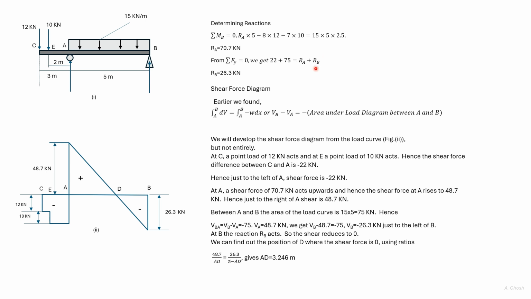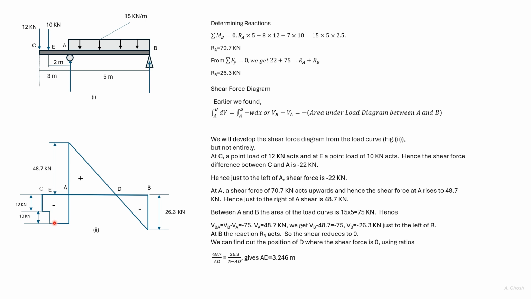Unlike the previous problem, here we will use this relation only partially to draw the shear force diagram. At C, there's a 12 kilonewton force acting, so the shear force is 12 kilonewton. At E, we have another 10 kilonewton acting, so the total shear force becomes 22 kilonewton.